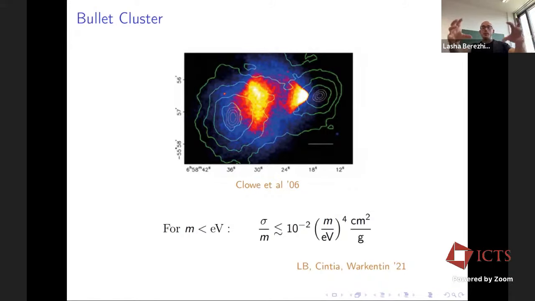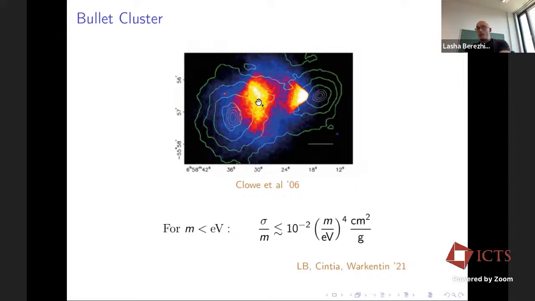Maybe I should just state, I'm sure it was already mentioned, that the bullet cluster is believed to be the net result of the collision of two clusters. So one cluster literally went through another one, and as you see, these lines represent the mass distribution within this cluster, and the light shows X-rays, so it shows baryons basically.